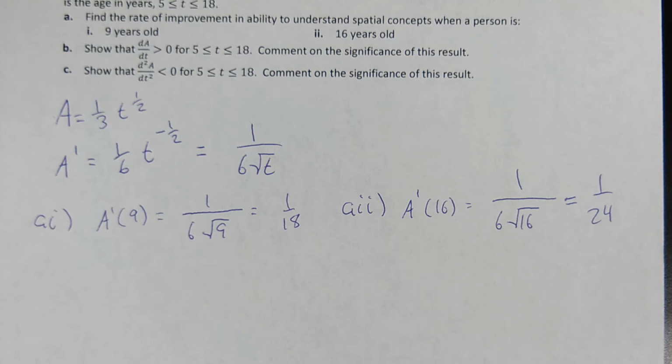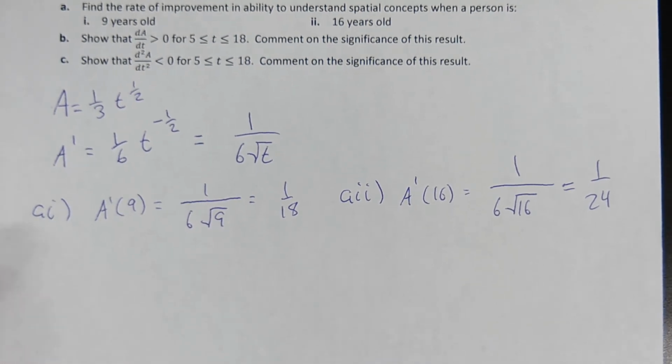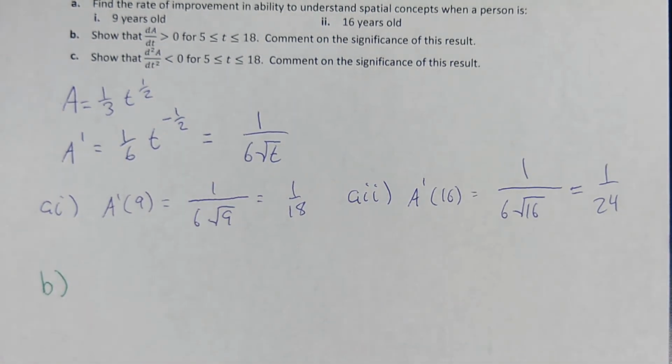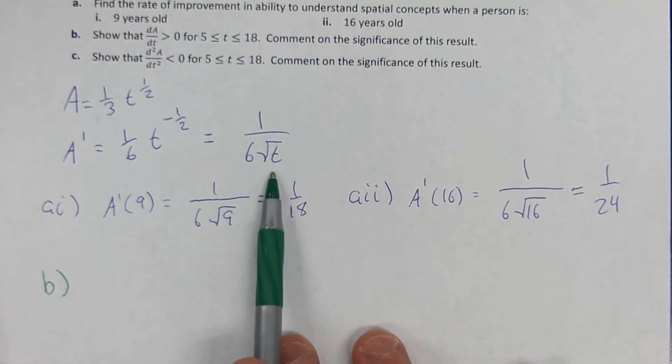Part B, I'll switch colors now. Part B says show that the derivative dA/dt is always positive. Oh, well that's easy, because your first derivative only has one critical value on it. See, the first derivative will never equal 0. Its only critical value is when t equals 0.